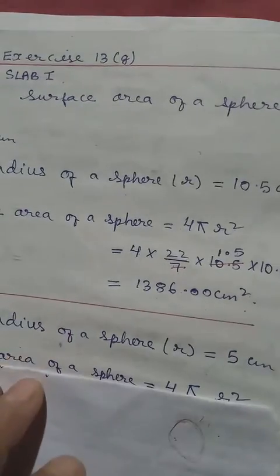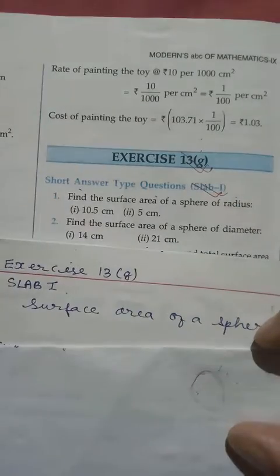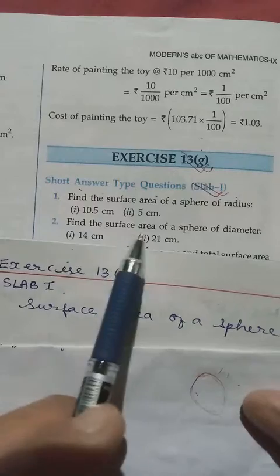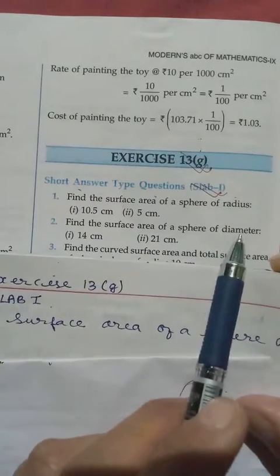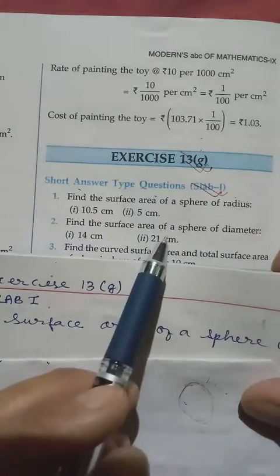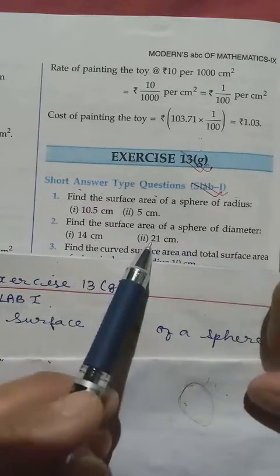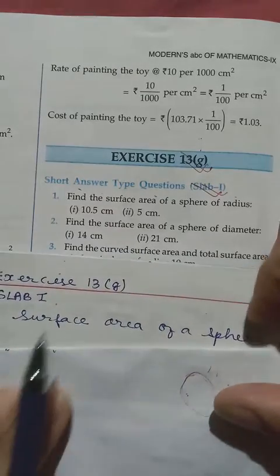Similarly, you can do number 2 yourself. Okay, number 1, 2. Then here we have to find the surface area of a sphere of given diameter. Now instead of radius, they give us the diameter. The first one, the diameter is 14 cm. The second one is 21 cm.